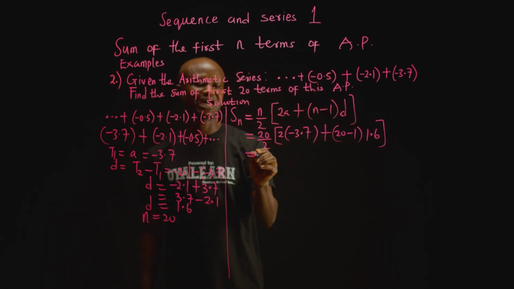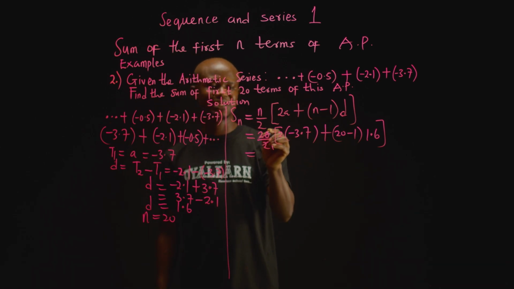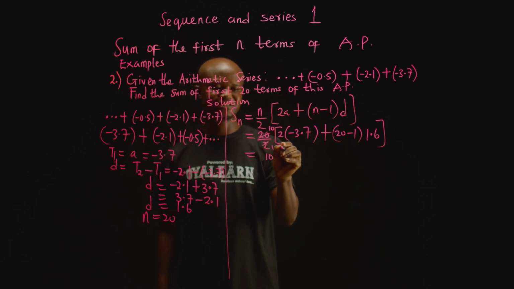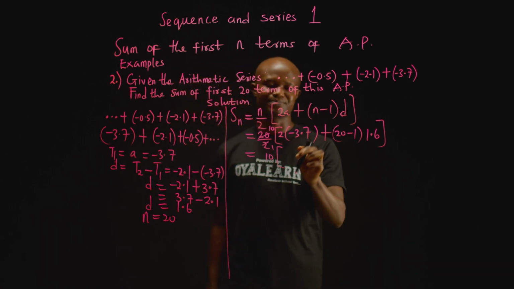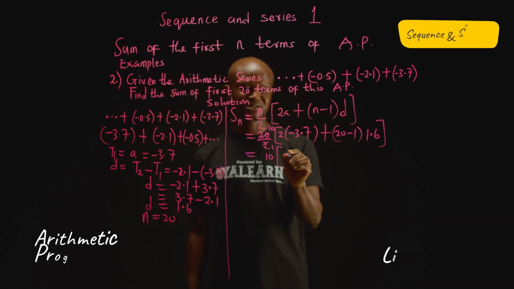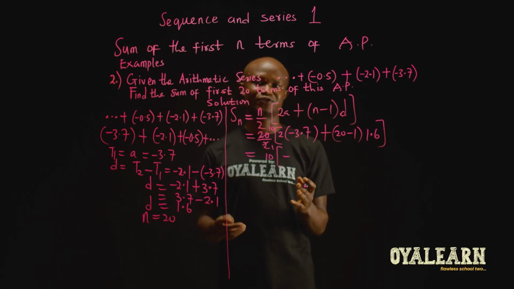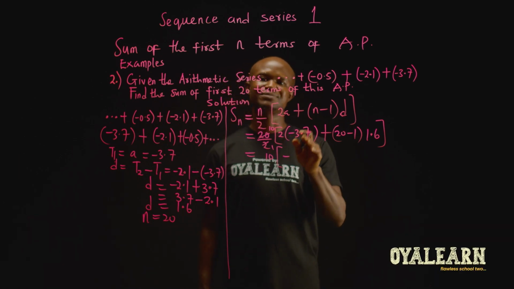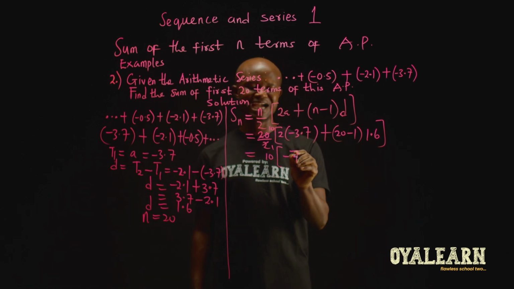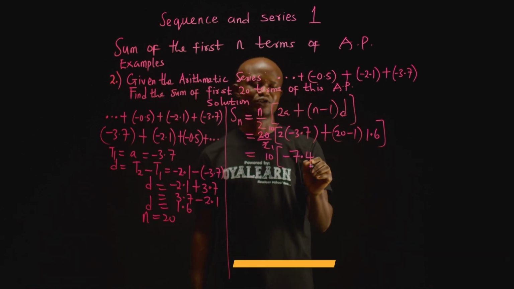So in this case, 20 over 2 is 10. Now, 2 times minus 3.7 will give us minus, it's just like 37 times 2, which is 74, so minus 7.4.